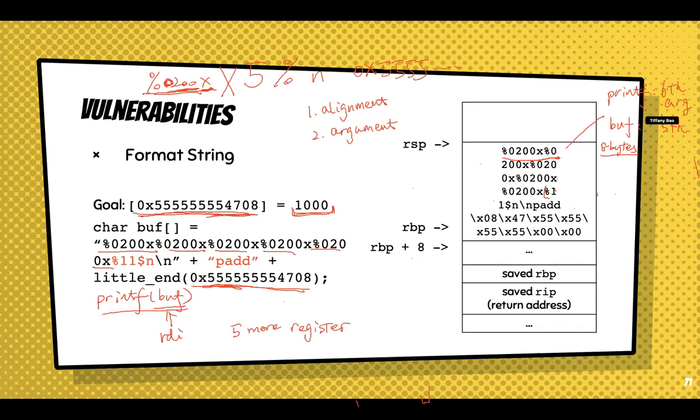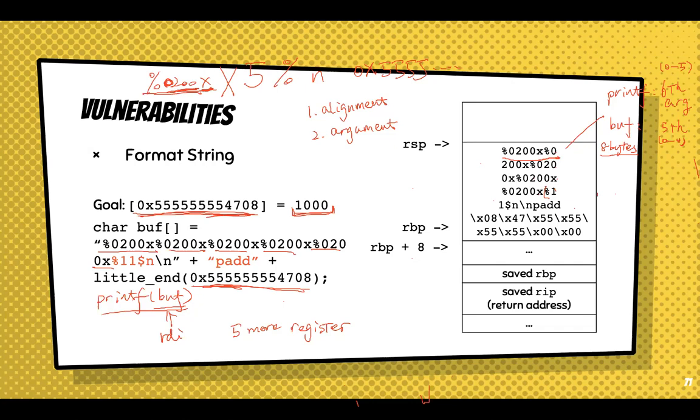Oh, actually, here when I say 6, it means that starting from 0 to 5 goes to registers. And then here for buffer, it's going to be the 5th one, which is also from 0 to 4. But for the format string, when it specifies those arguments, it starts with 1.